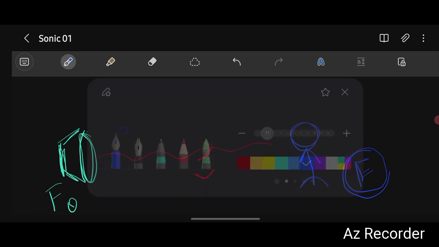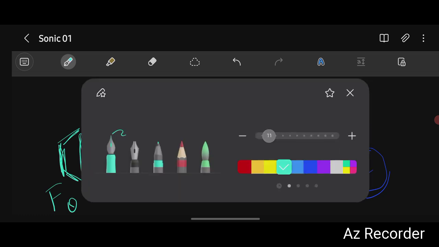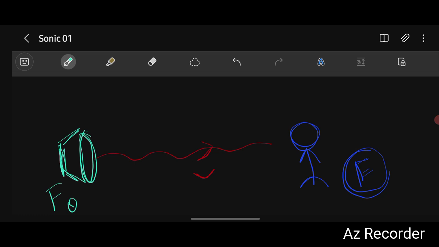What I'm going to change is the direction of the moving velocity.